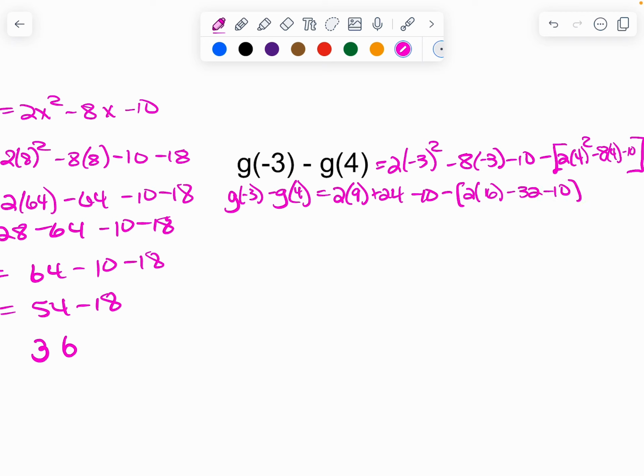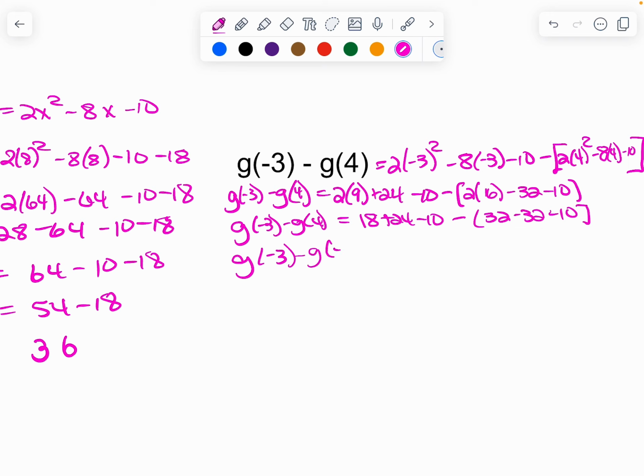There we go. g of negative 3 minus g of 4 equals 18 plus 24 minus 10 minus the quantity 32 minus 32 minus 10. g of negative 3 minus g of positive 4 equals 42 minus 10 minus negative 10, which is positive 10.